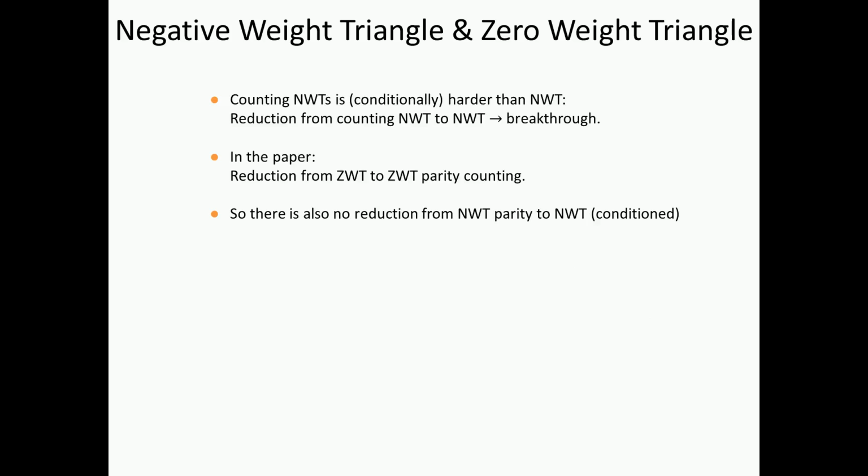So counting zero-weight triangles is conditionally harder than negative weight triangles, because a reduction from counting zero-weight triangles to negative weight triangles would imply that all pair shortest path is threesome hard. In the paper, we show a reduction from zero-weight triangle to zero-weight triangle parity counting, so conditionally there is also no reduction from negative weight triangle parity to negative weight triangle.